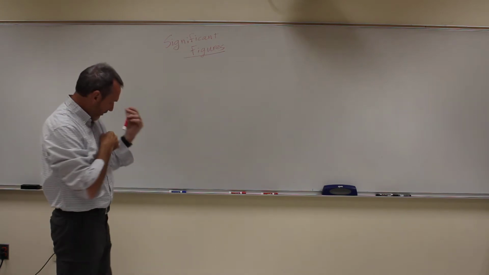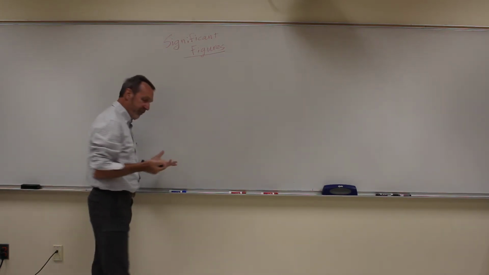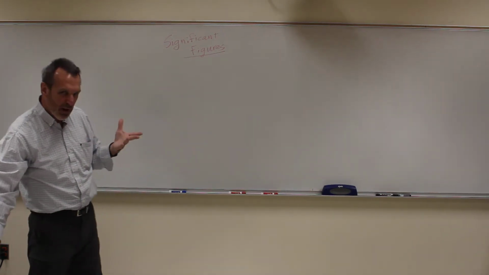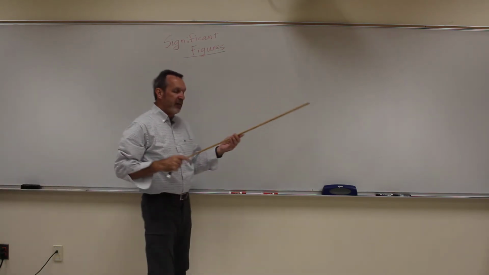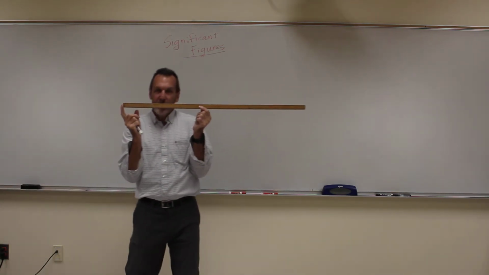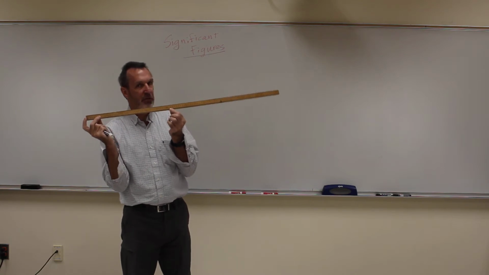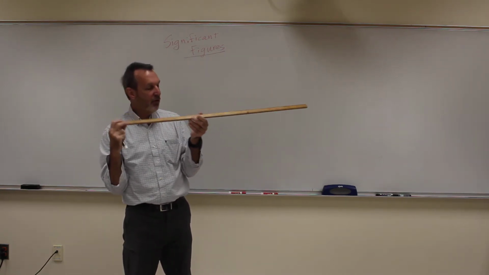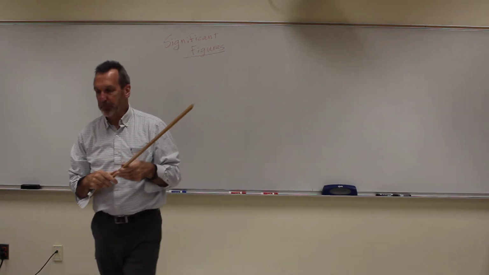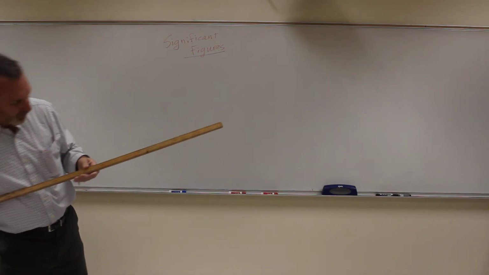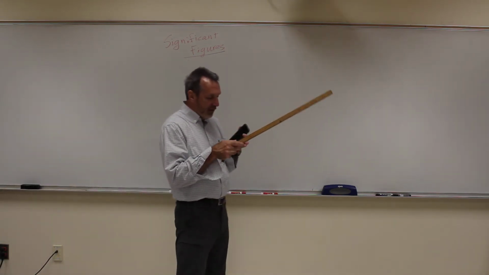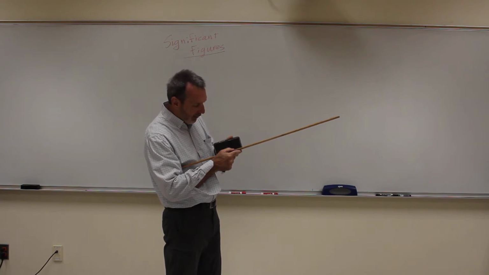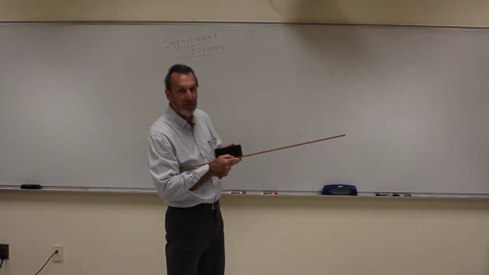When you measure something in physics or anywhere, no matter what you measure, you can only measure it as precisely as your measuring system. So if I'm trying to measure the size of my phone using a meter stick, the most accurate I can get with the meter stick would be to the nearest millimeter.